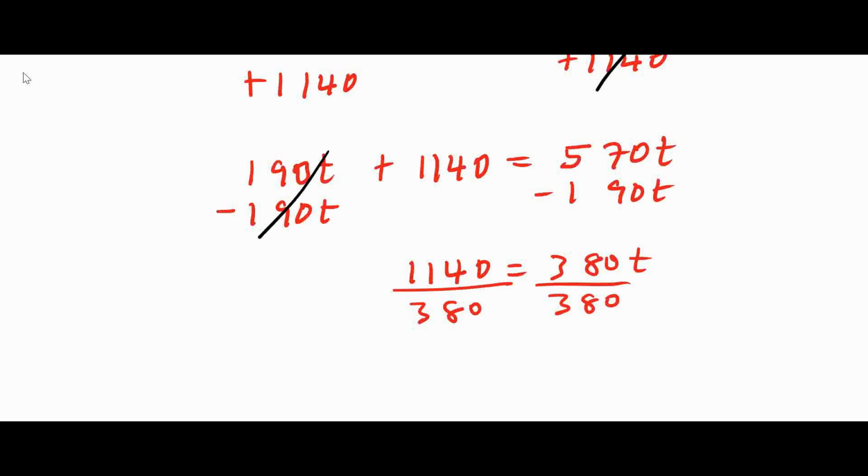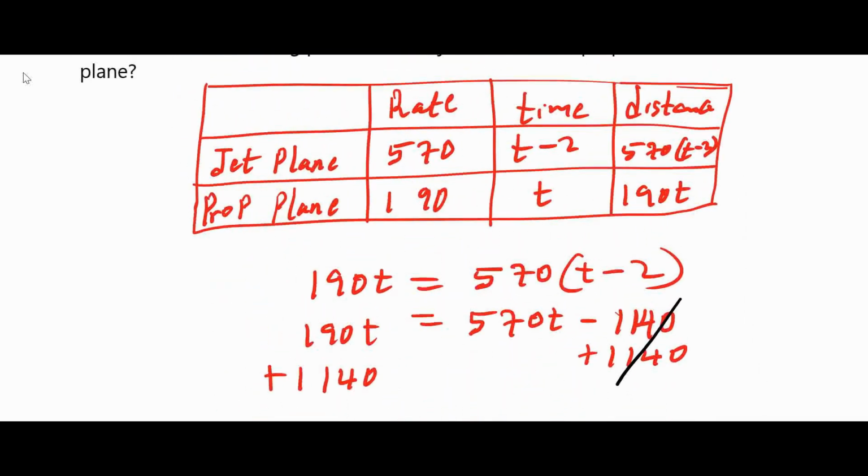380. So this would give you 1 into this is 1. So now 1140 divided by 380 is 3. So into this is 1 and into this is 3. So time t is equals to 3 hours. Now let's go back to the table.